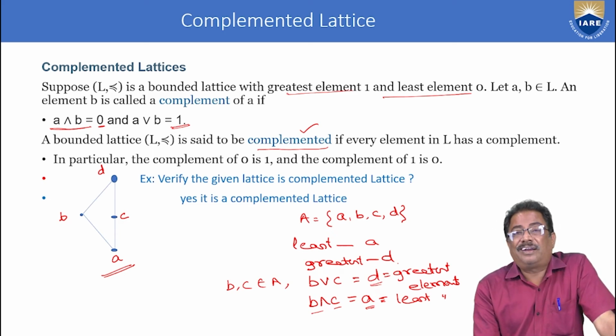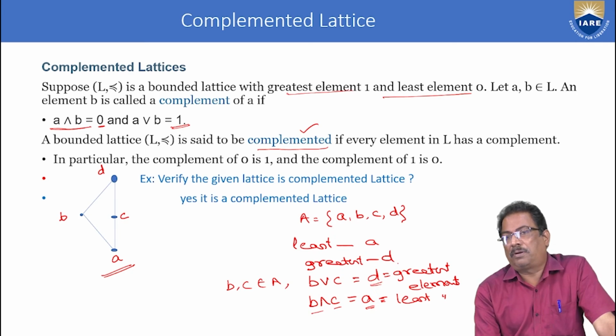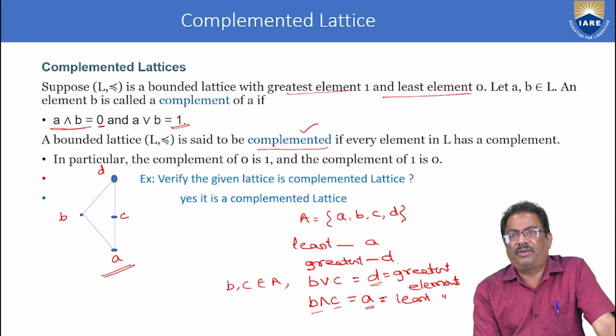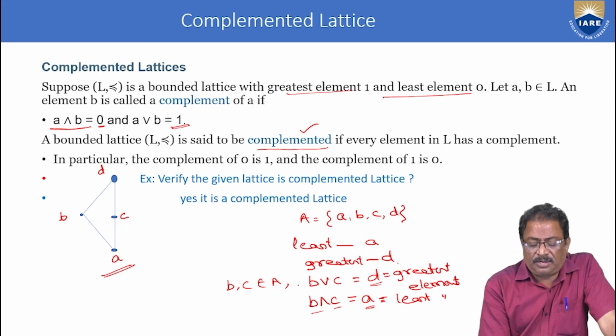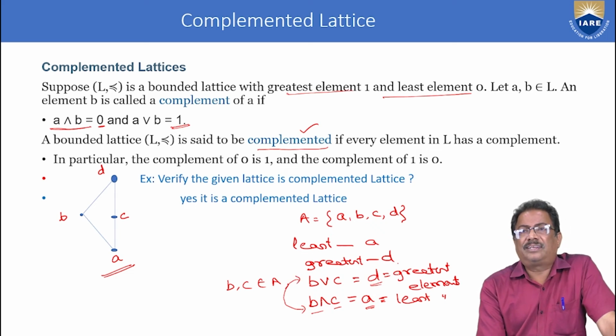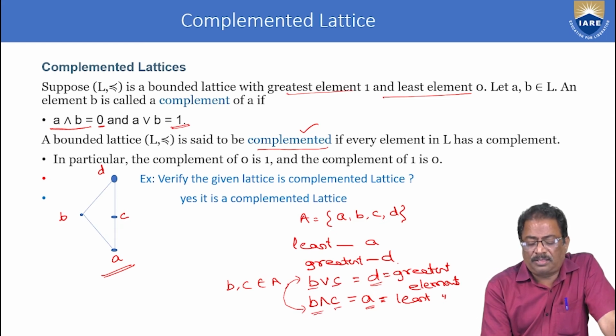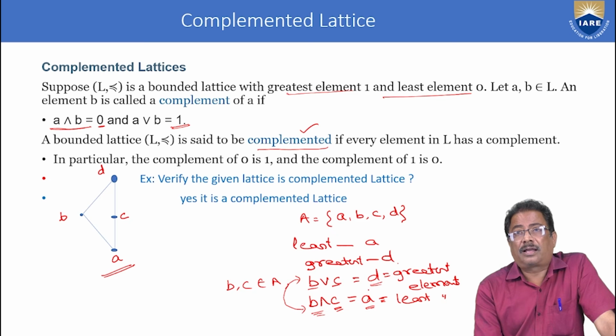So in any complemented lattice, we can take any element and definitely it has at least one complement. Otherwise, it is not a complemented lattice. In another way we are saying, if the least upper bound and the greatest lower bound are equal to the greatest and the least elements, then both elements are complements of each other.